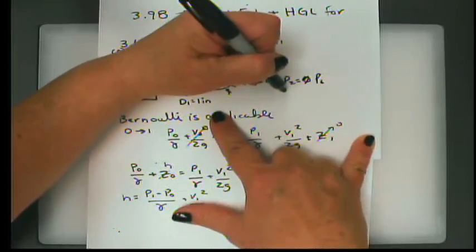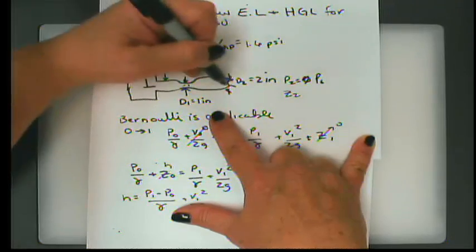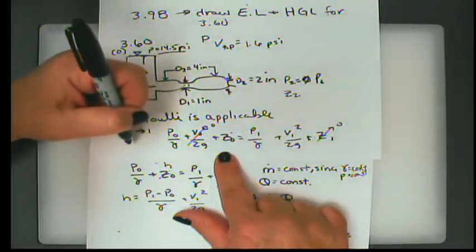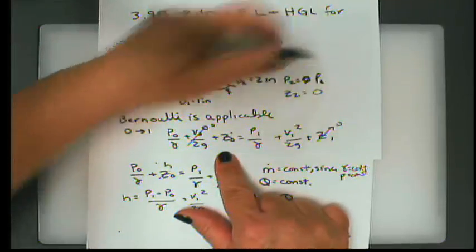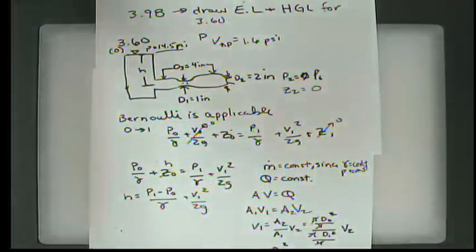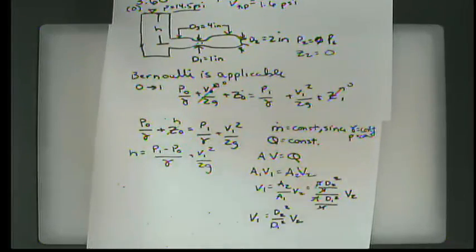And we can also see that Z2 is on the center line of h, and the way we've defined our datum, Z2 is also going to equal 0. All right, so that's a lot of information to take in, but we can then equate what's going on between P0 and V0.